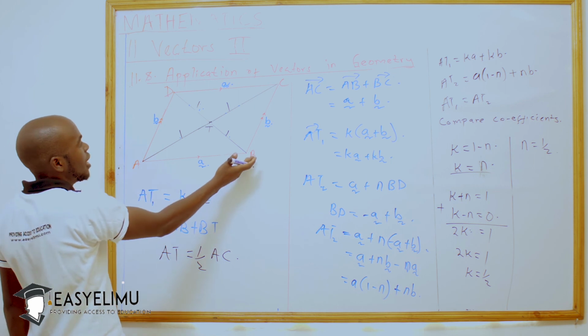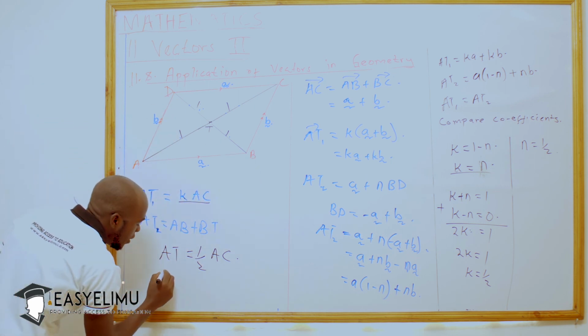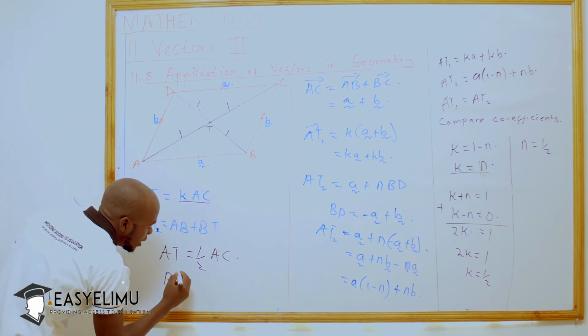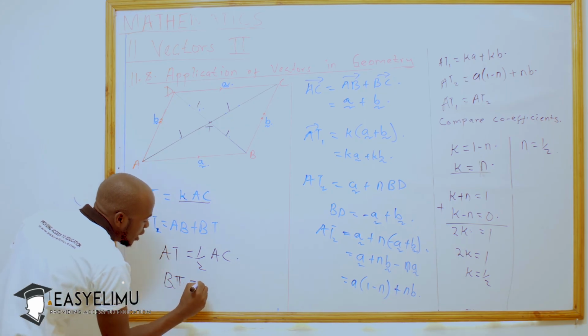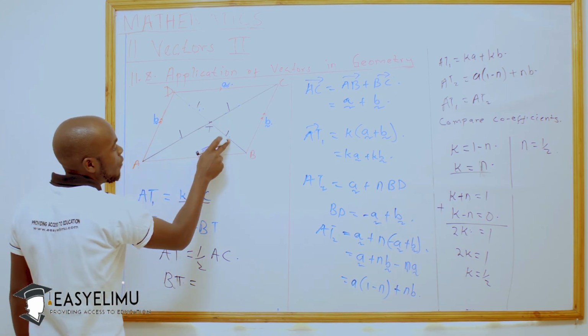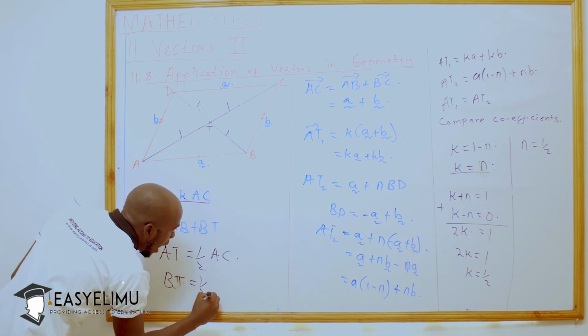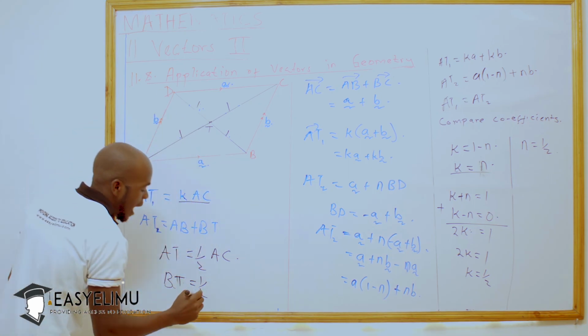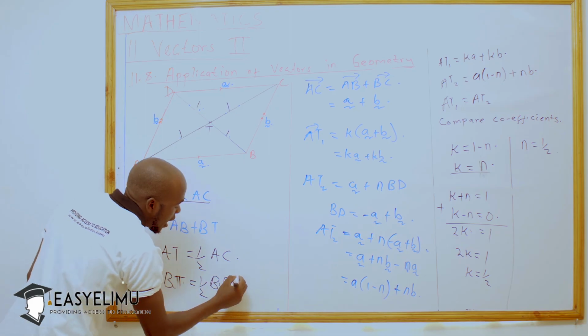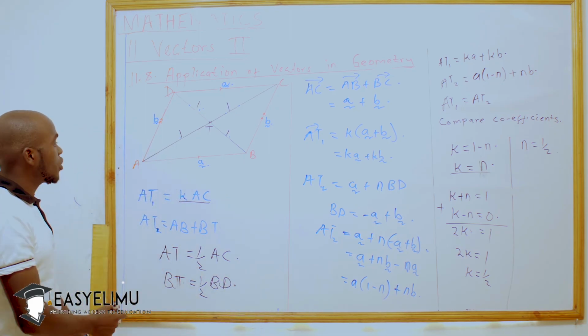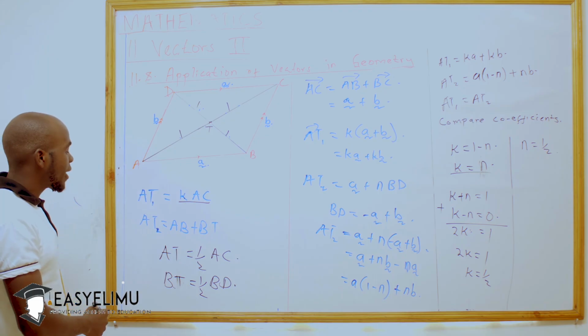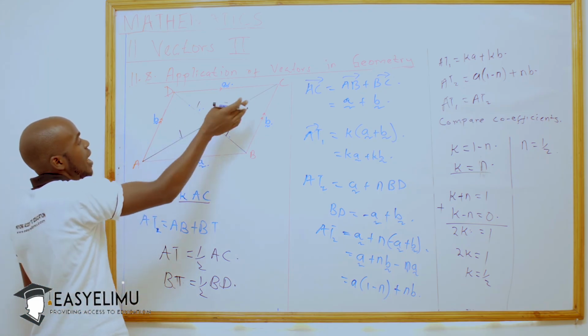The same applies to BD. So we have that BT is equal to, we found N as a half, so it will be a half of line BD. That is what we have found, and we can see that both of these sides are that way.